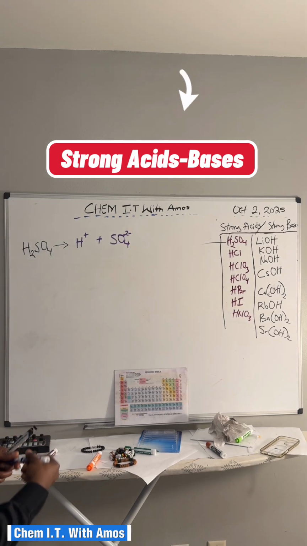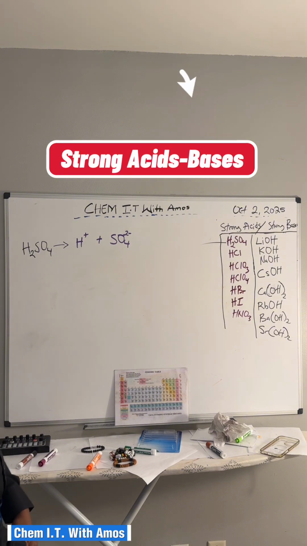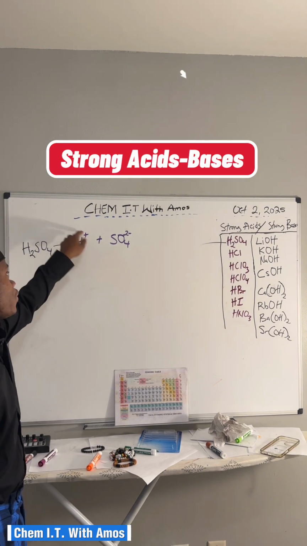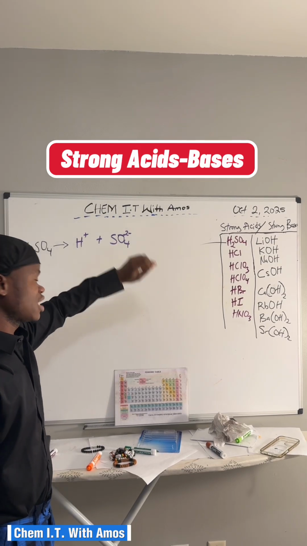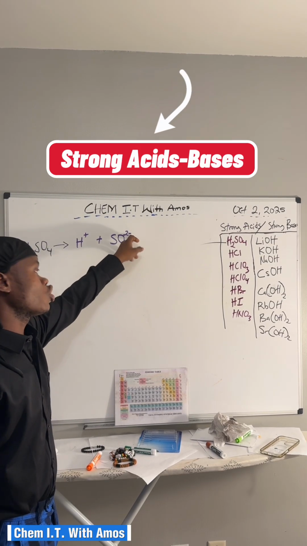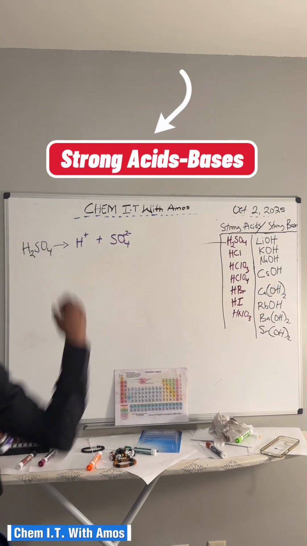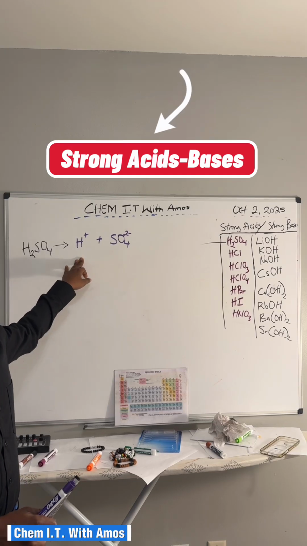Do you know what this is about? It tells us that this element is the hydrogen ion because of this charge, and we have the sulfate ion because of the charge here. So this is an ionic compound, and this is an ionic element, right?